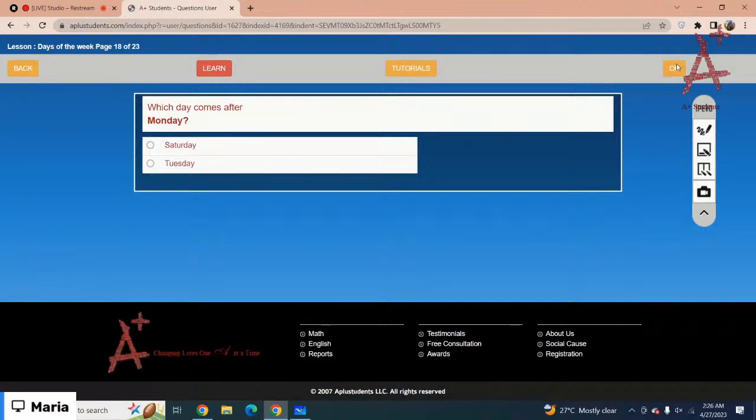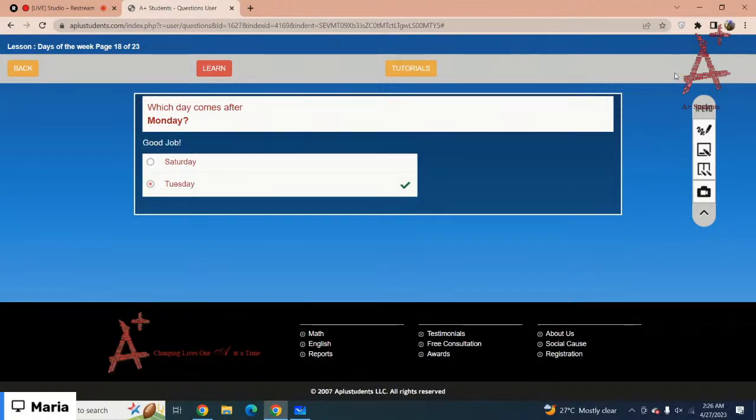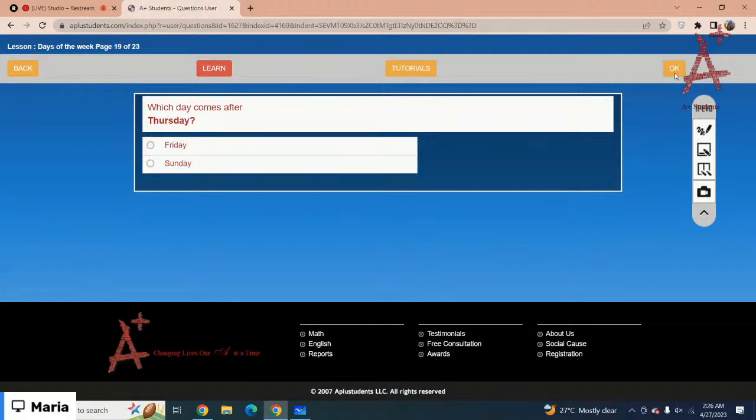Which day comes after Monday? After Monday, we have Tuesday. Which day comes after Thursday?